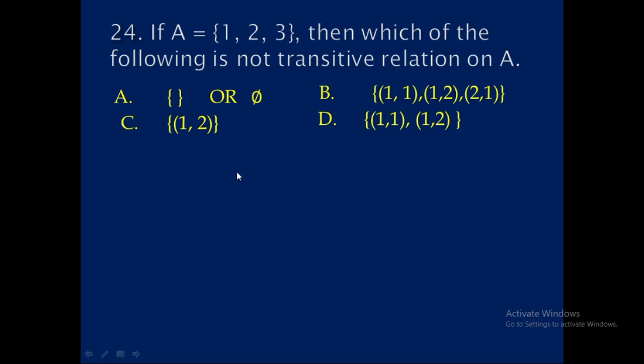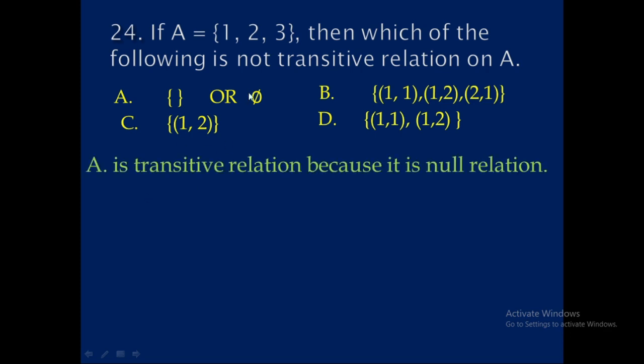Here we verify which of the following is not transitive, by verifying each option. Option A: the null relation is always symmetric and transitive, therefore A is always transitive.